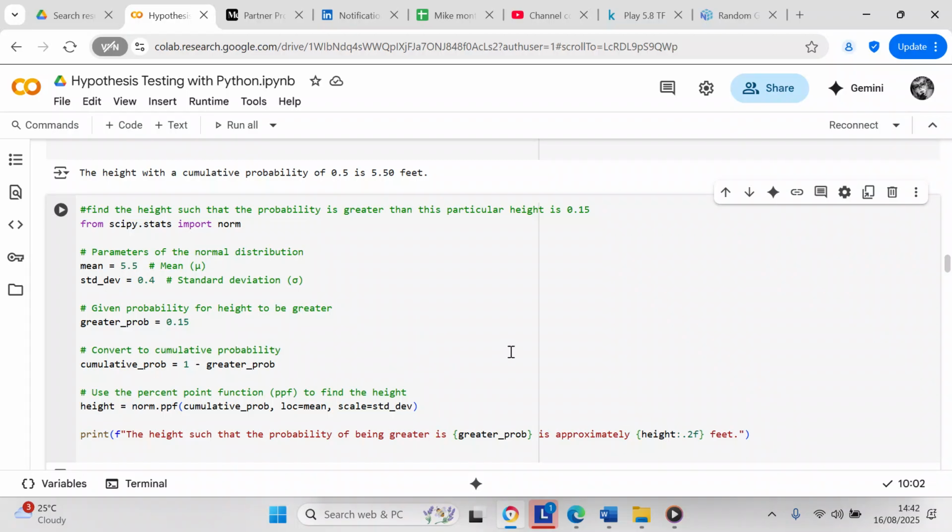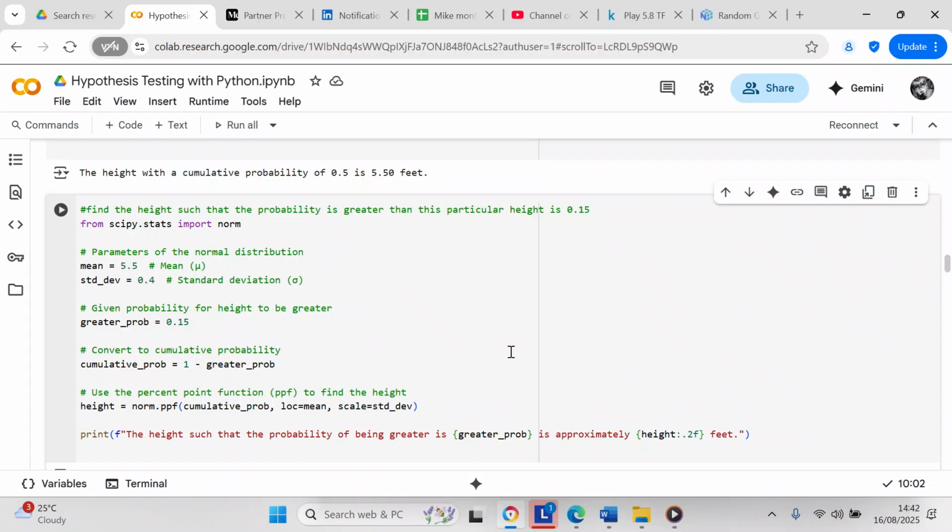So we're going to use the percent point function to find the height. Height equals norm dot ppf, that's percent point function, brackets, cumulative prob, comma, loc equals mean of 5.5, comma, scale equals standard deviation of 0.4.